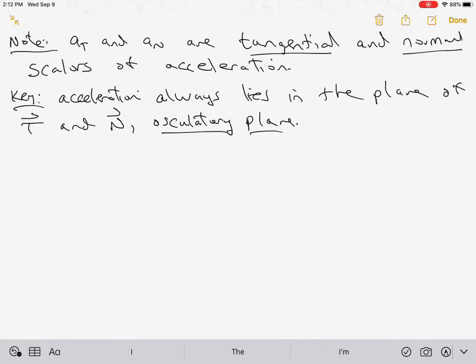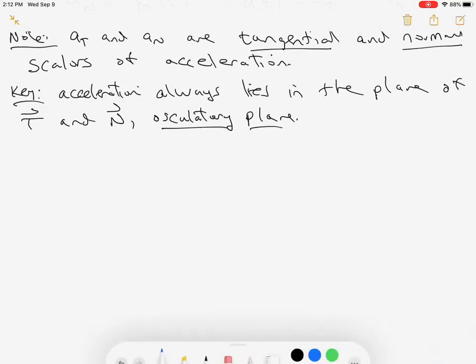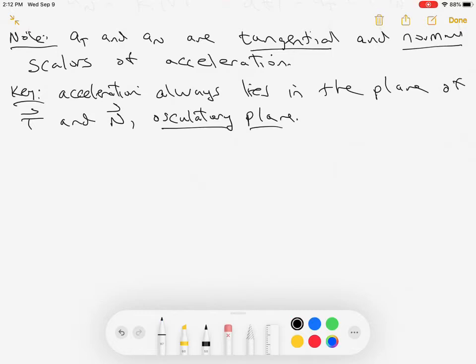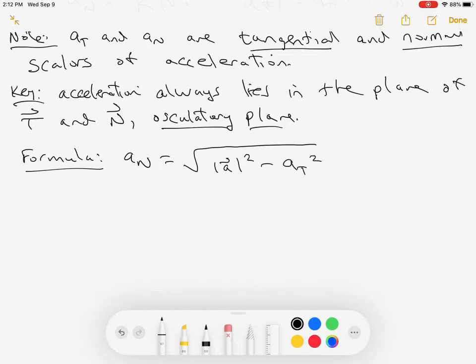All right, here's a formula for a sub N, and it happens to be the square root of the norm of a squared minus the scalar a sub T squared.